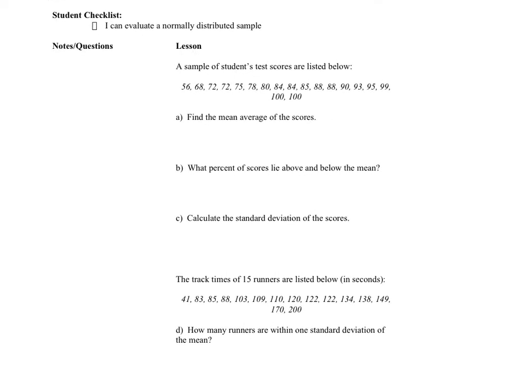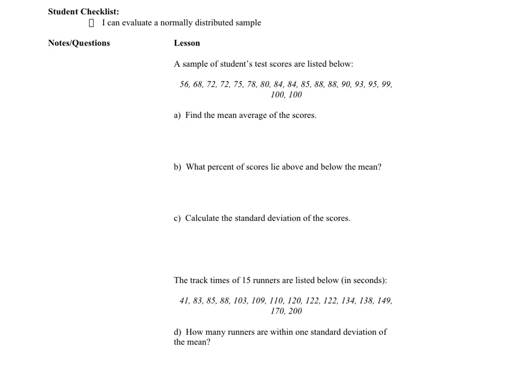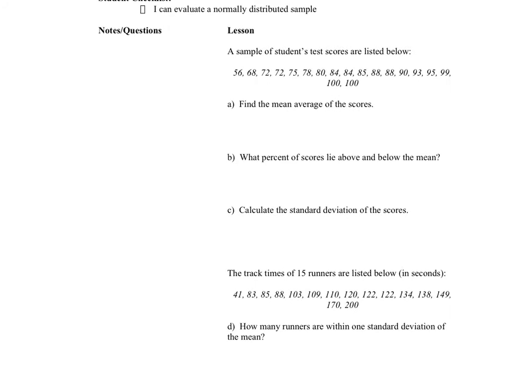We've got a sample of students' test scores listed below. And it says find the mean average of the scores. So to find the mean, just to remind you, mean is just when you add up, it's the sum of all your scores over the number of scores.